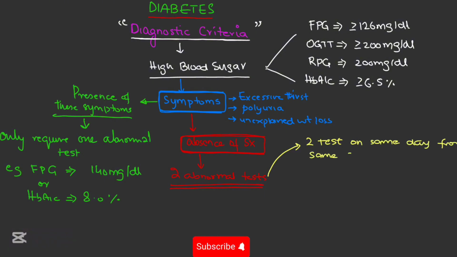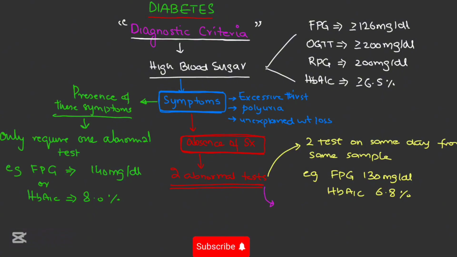For example, we took a blood sample from a patient and did fasting plasma glucose levels and HbA1c on the same sample, and the fasting plasma glucose came out to be 130 mg per dl and the HbA1c came out to be 6.8%. So in this way the diagnosis of diabetes is confirmed.